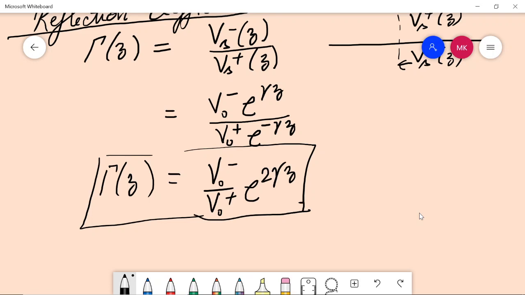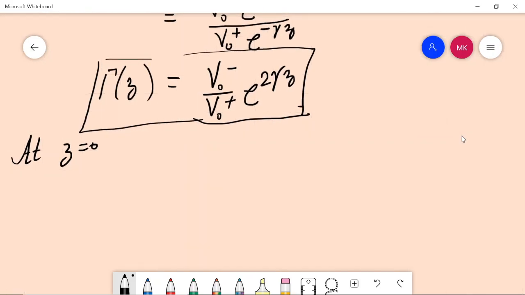Now if you put z equals to 0, what will become? When you put z equals to 0, this point is 0. So what you will get?